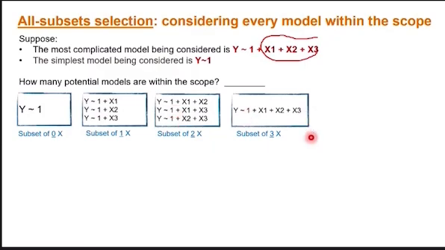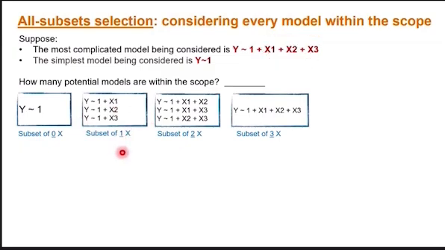So this is synonymous with the fundamental theory of sets, where you figure out the number of subsets that you have in a set. Now, if you take a look, this is a possibility.